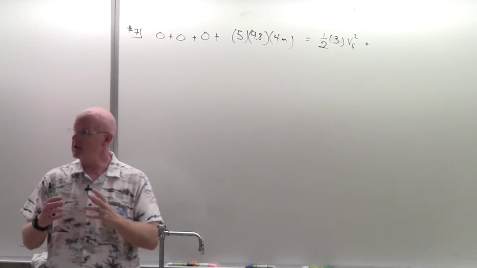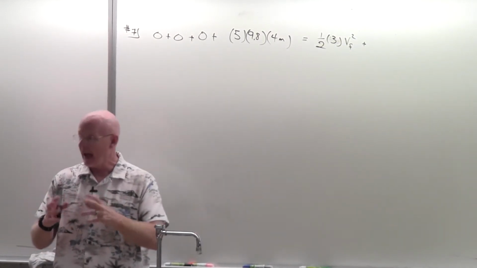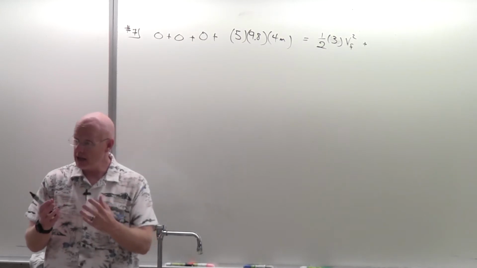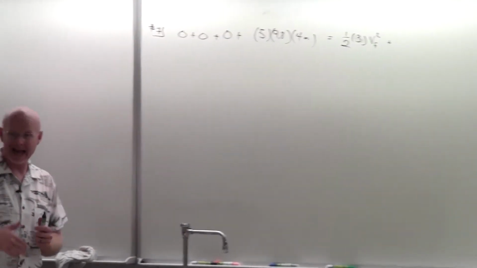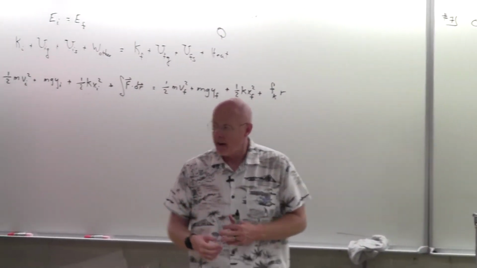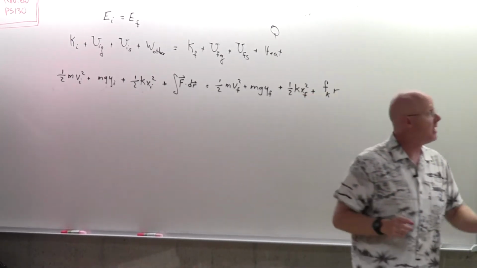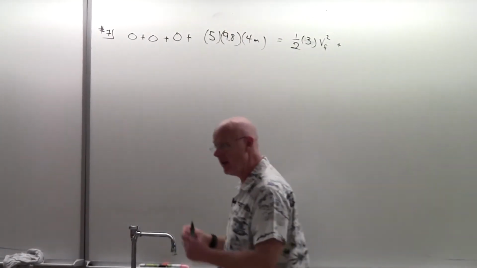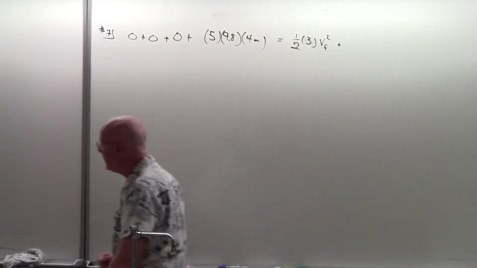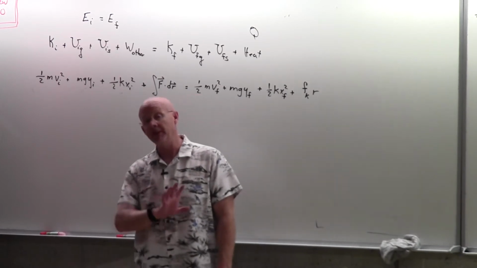Because wouldn't I be getting some kind of other additional force beyond gravity and springs and heat if I include the collision on the ground? So I'm not saying you can't include the collision on the ground. And if you do include the collision on the ground, then I agree that the speed is 0. However, I would also say then, for that problem to be complete, you must also include the force from the ground.